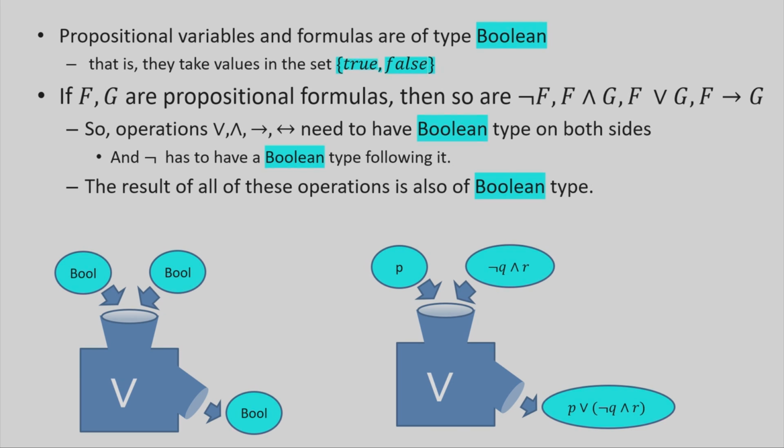It again takes two things of type Boolean, but now rather than thinking about them as specific values, true and false, you just think about them as formulas. Formulas are of type Boolean. And when it gets two formulas of Boolean type, it produces another formula. It also will be a formula, so it has Boolean type, which consists of the first thing followed by, in this case, an OR, and followed by the second thing.